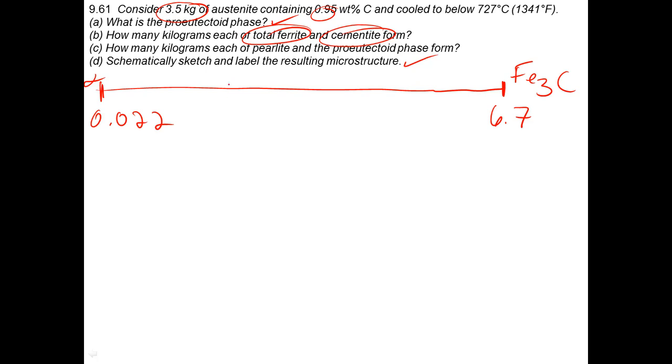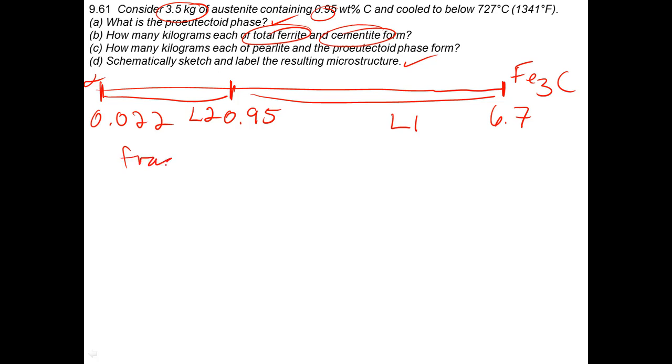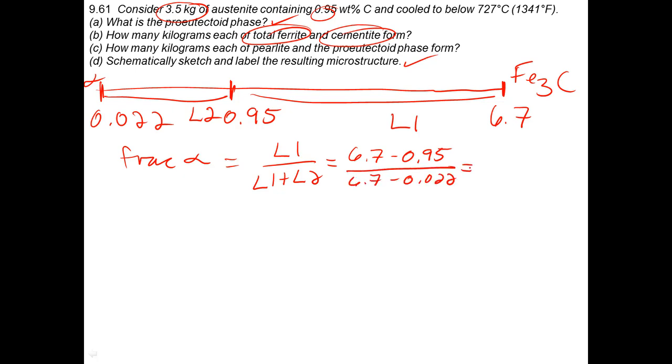We're given that our system composition is 0.95. So I'm going to identify those lengths L1 and L2. Let's start by getting the mass fraction of total ferrite.